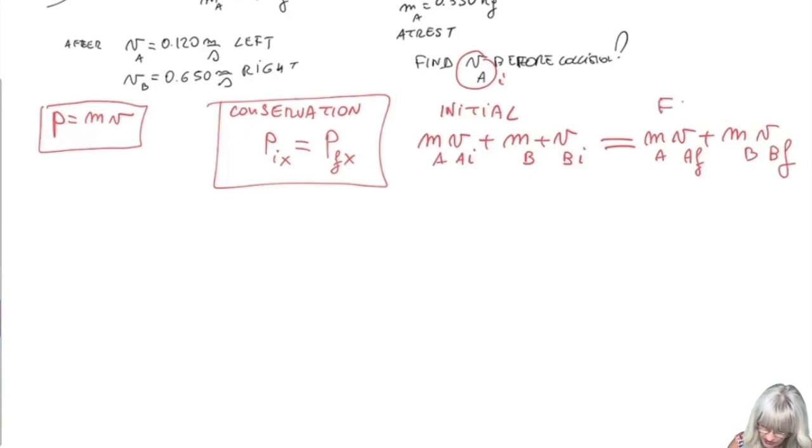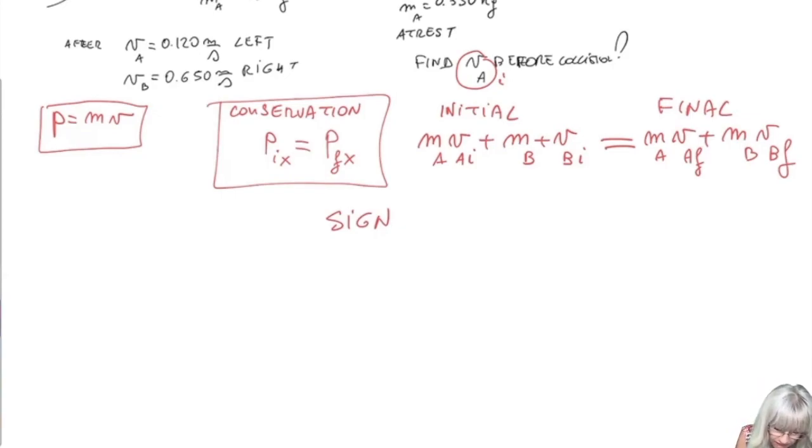So on this side of the equal, you have all final quantities, A final, B final, and on the other, A initial and B initial. Excellent.